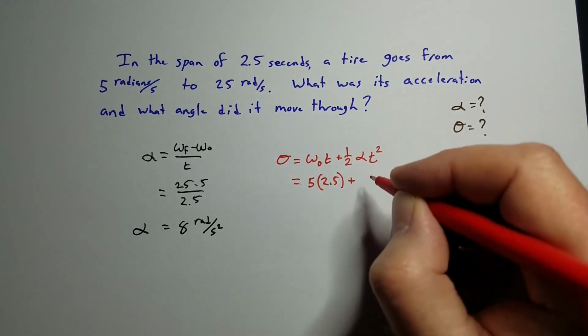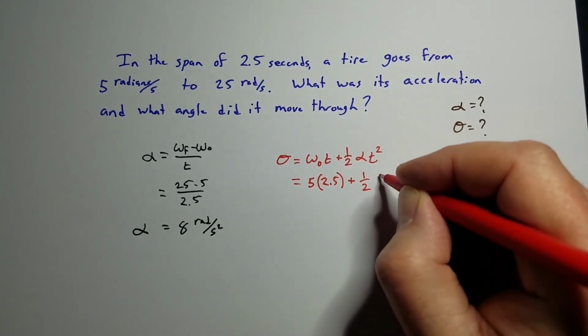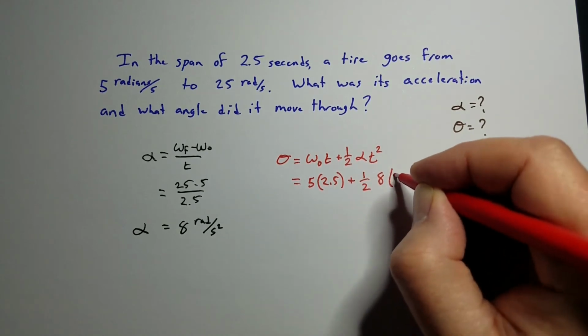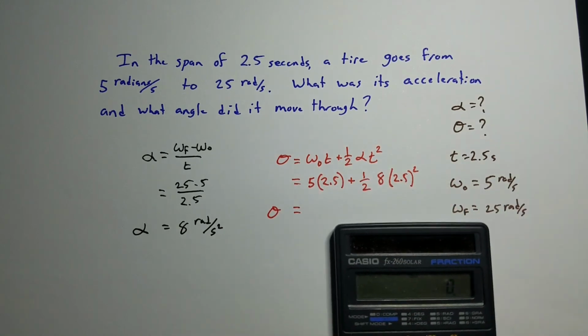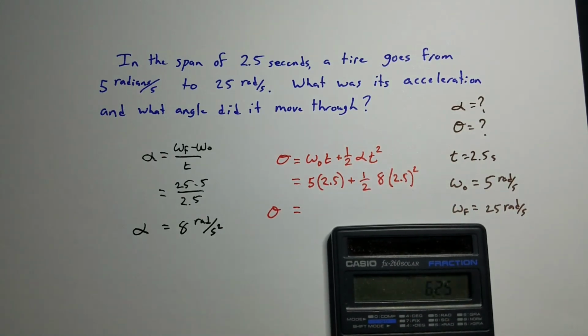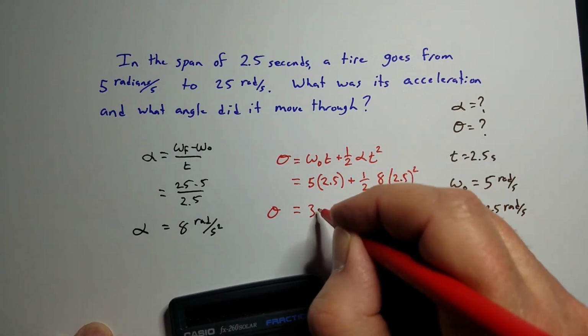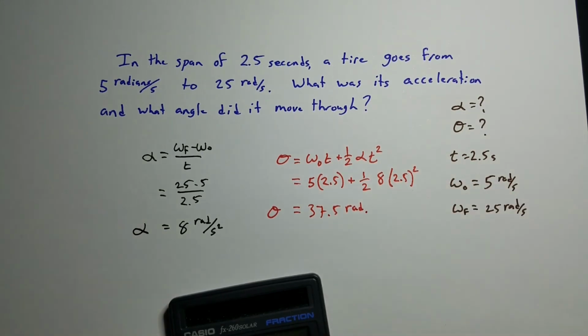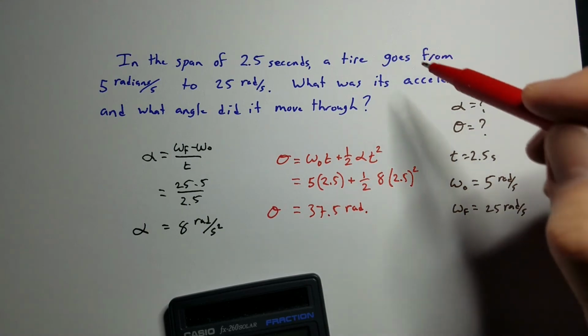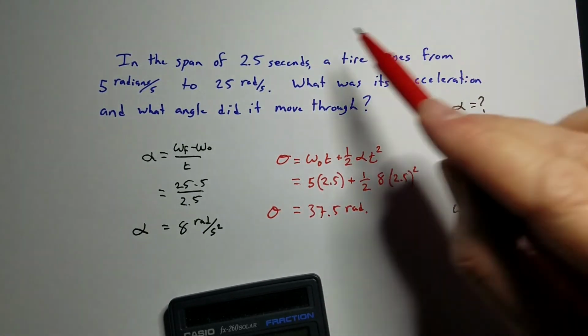That's how much it would turn normally, plus 1/2 the angular acceleration, which is 8, times 2.5 squared. So 2.5 squared times 4 plus 2.5 times 5 gives me 37.5 radians that it moved through. Easy enough. See, very similar to when we did kinematics. It's just now we're thinking about things spinning instead of things moving along the ground.